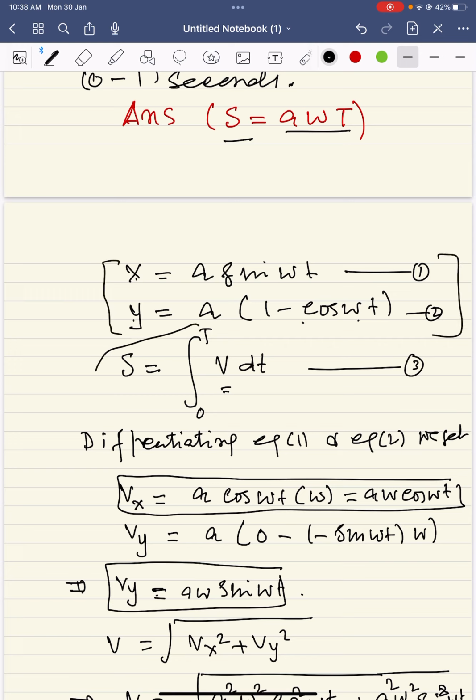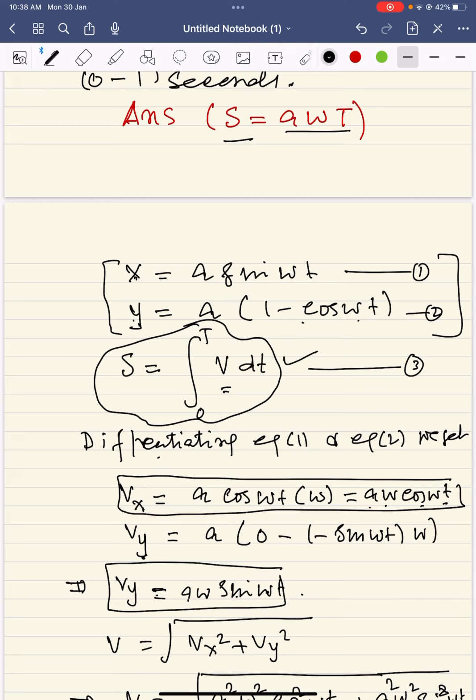So this is the general formula for distance traveled when acceleration is not constant. And from the given x and y, we understand that acceleration is not constant. Therefore, this is the equation that we need to use. We differentiate x and y to find vx and vy. vx equal to a omega cos omega t and vy equal to a omega sin omega t.